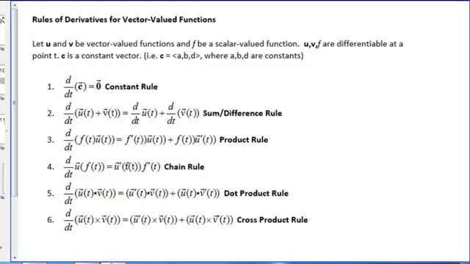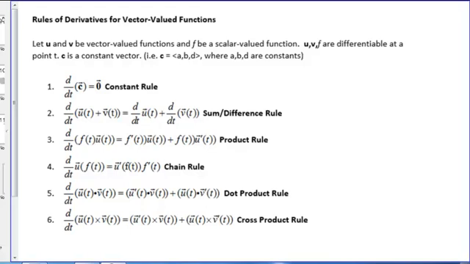We have the chain rule. The derivative of u of f of t equals the derivative of u of f of t times the derivative of f of t. So that's just like our old chain rule we're used to, where we take the derivative of the outside times the derivative of the inside. We have the dot product rule.